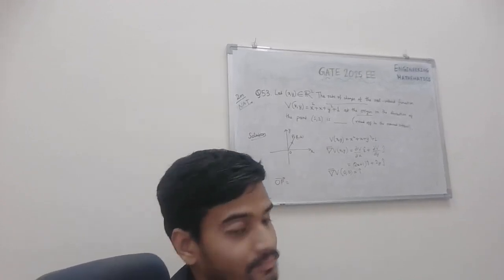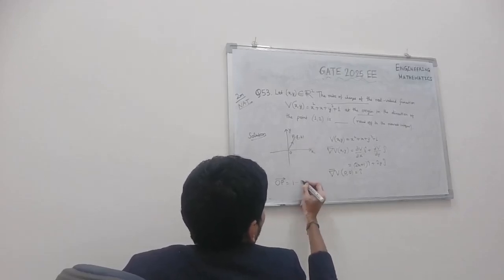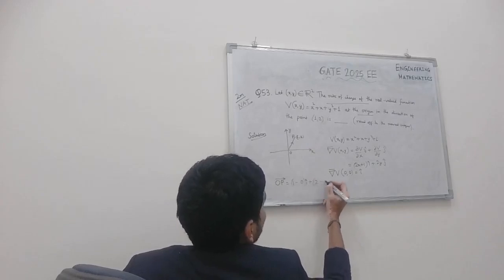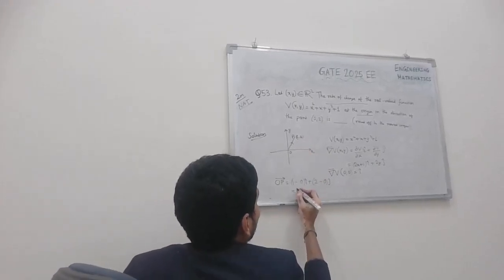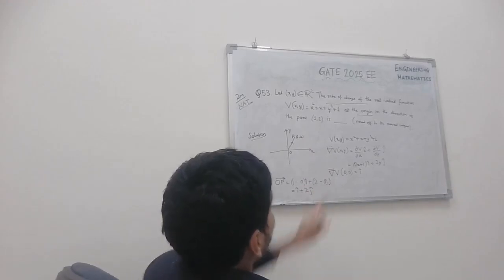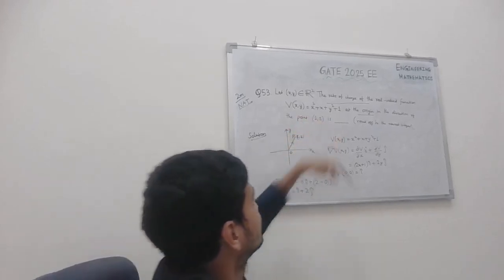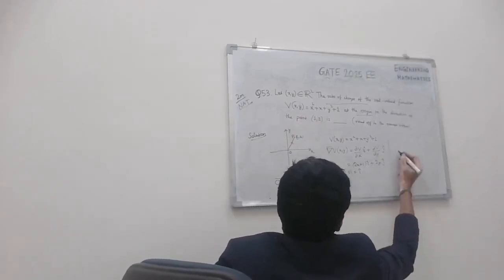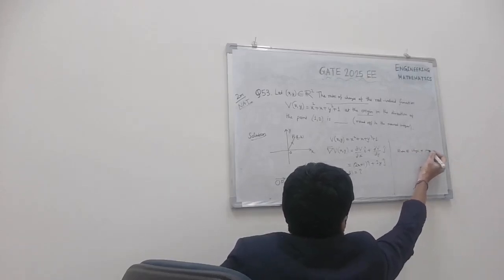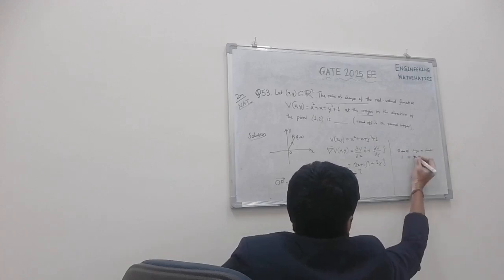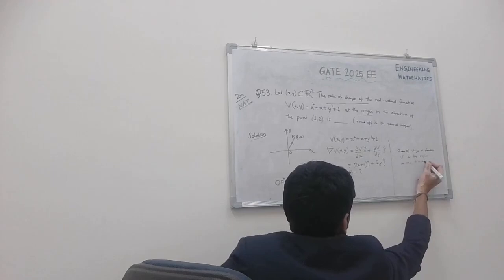Vector OP means 1 minus 0 i plus 2 minus 0 j, the vector from the origin to the point. So the rate of change of the function v at the origin in the direction of the point will be the rate of change of the function in that direction.